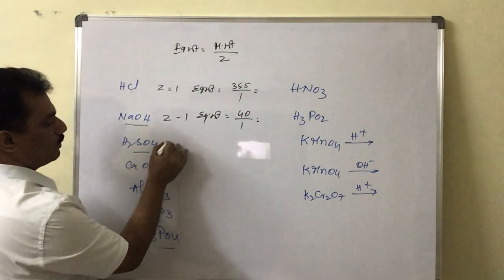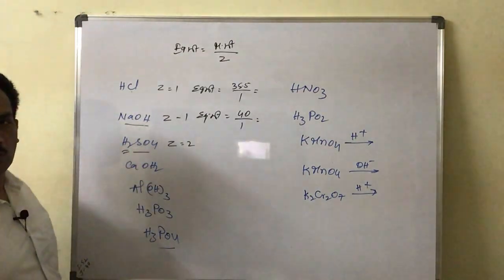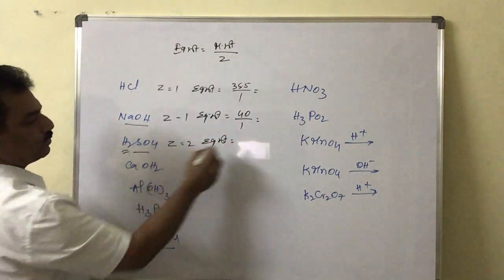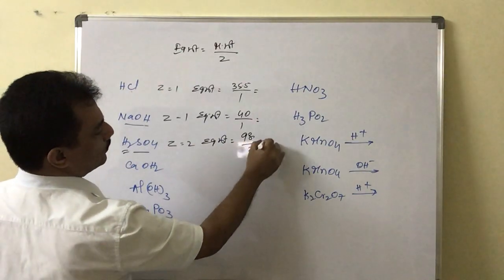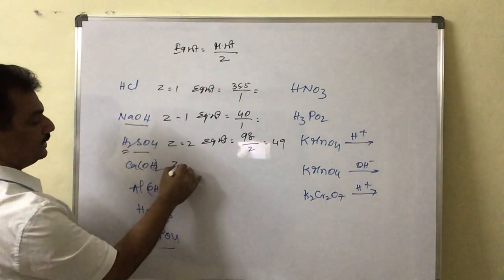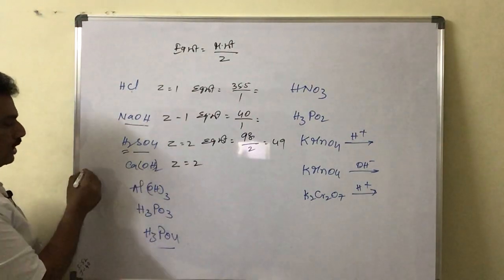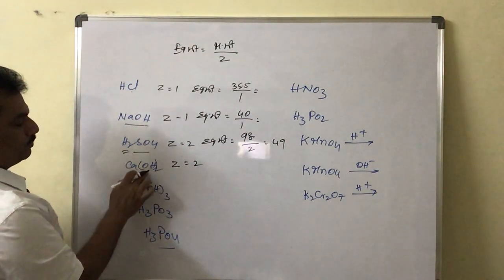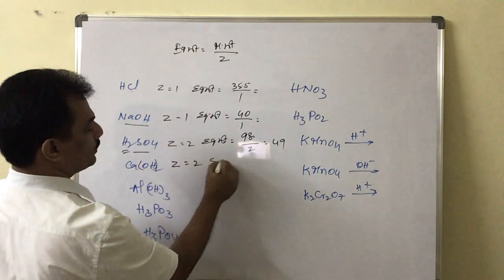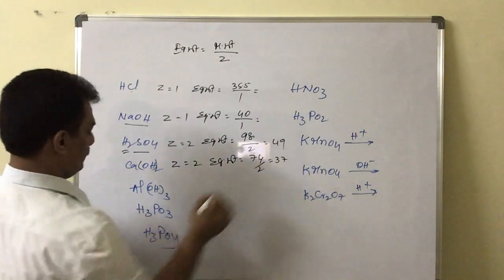In H2SO4, Z is 2, because the replaceable hydrogens are 2, so the equivalent weight is the molecular weight 98 by 2, that is 49. In Ca(OH)2, Z is 2, because two replaceable OH groups are present, and the molecular weight is 74, so the equivalent weight is 74 by 2, that is 37.